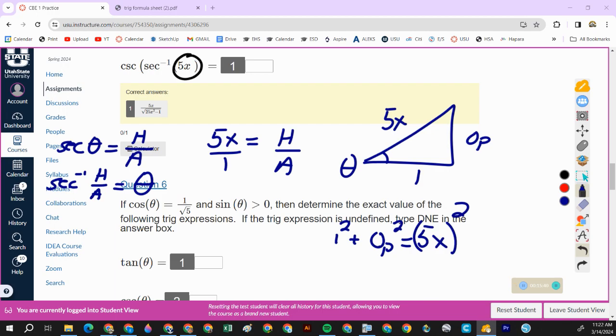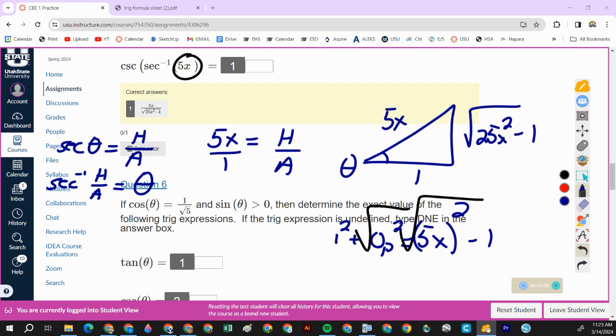So I'm going to subtract 1 and then take the square root. Technically, it should be plus or minus the square root, but these side lengths are going to be positive, so we don't need to worry about that. So this side over here is the square root of 25x squared minus 1. Do both of you understand that?